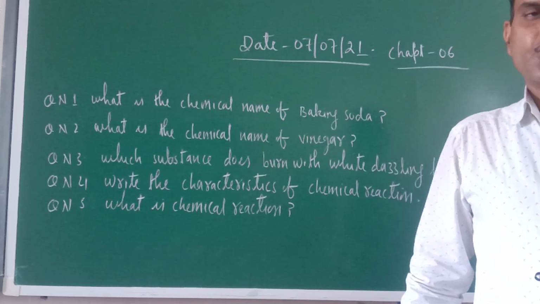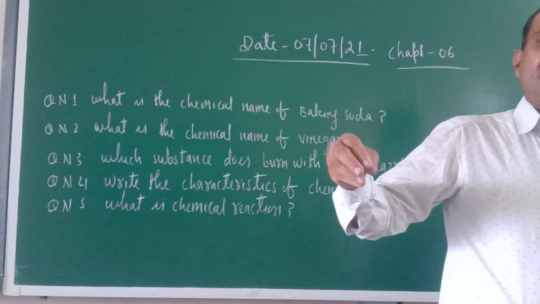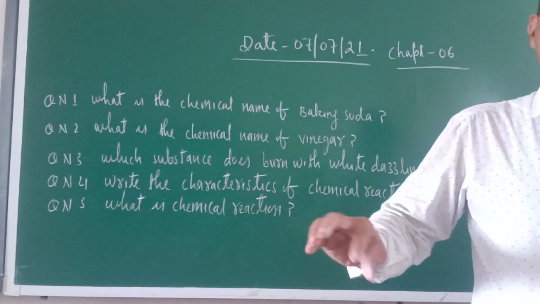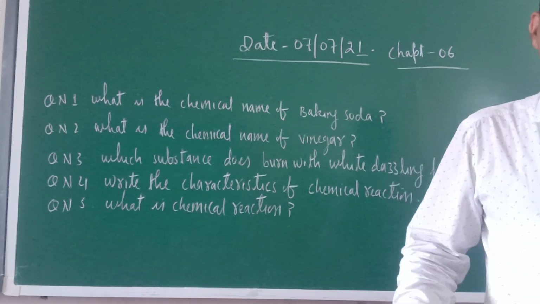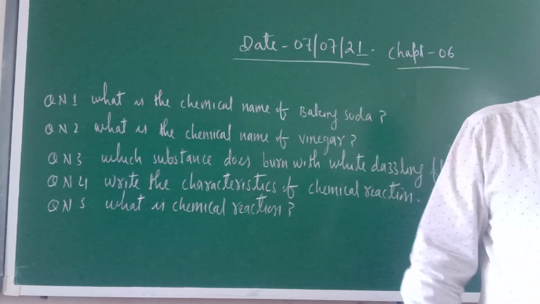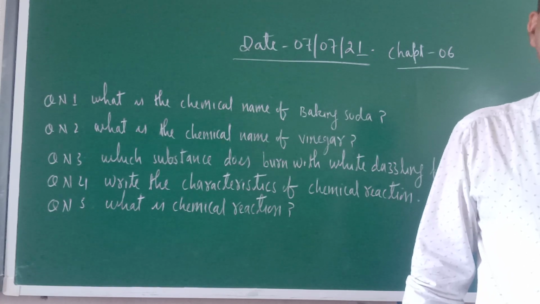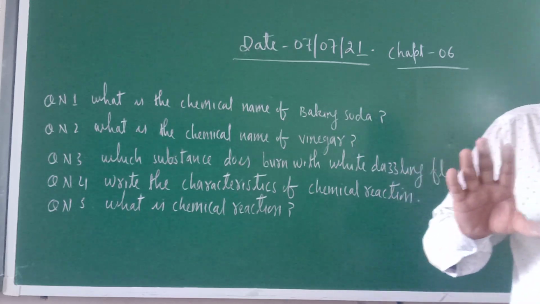So in the balloon you take sodium hydrogen carbonate and fit it onto the neck of the bottle. When both react together they form carbon dioxide gas, and because of the evolution of carbon dioxide gas, the balloon gets inflated. Balloon blown. Are you getting my point or not?